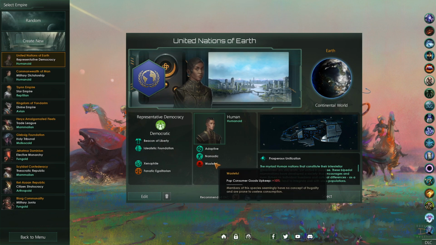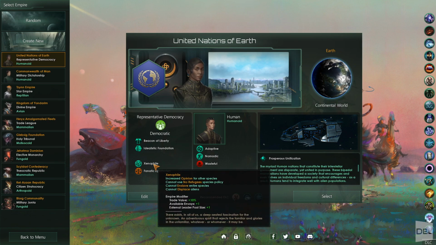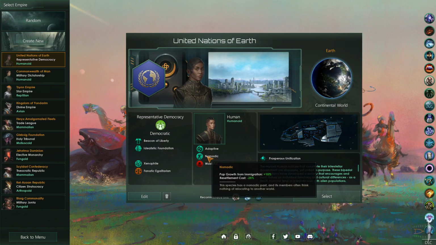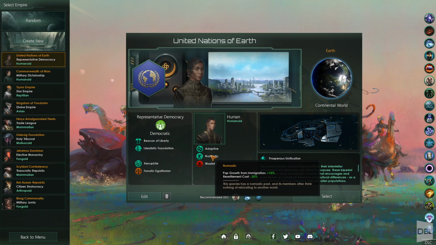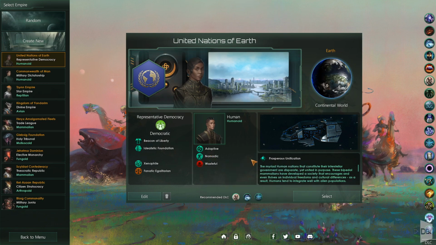Wasteful is the only negative I'm seeing. Nomadic, though, it says resettlement cost is negative 25%. That's kind of weird, because you would think resettling is normal, but it's green. So I don't know if negative 25% is good or bad. I'm sure I'll figure it out as I go.